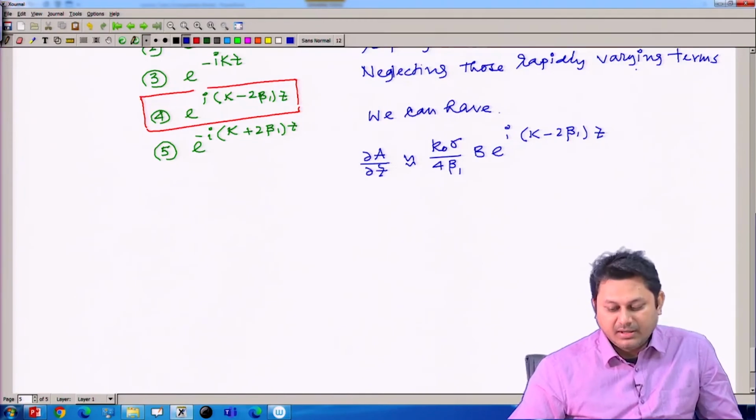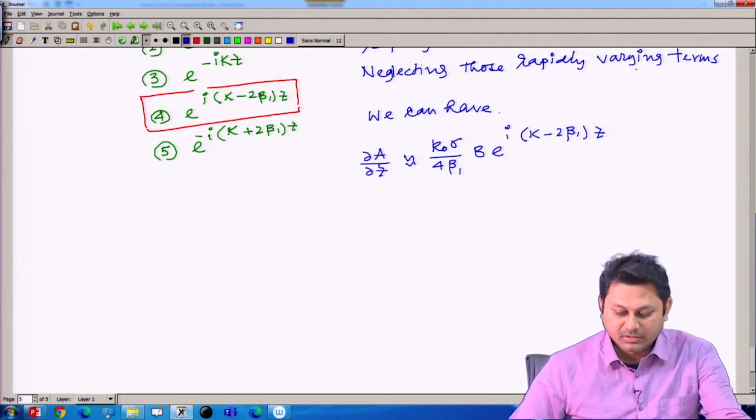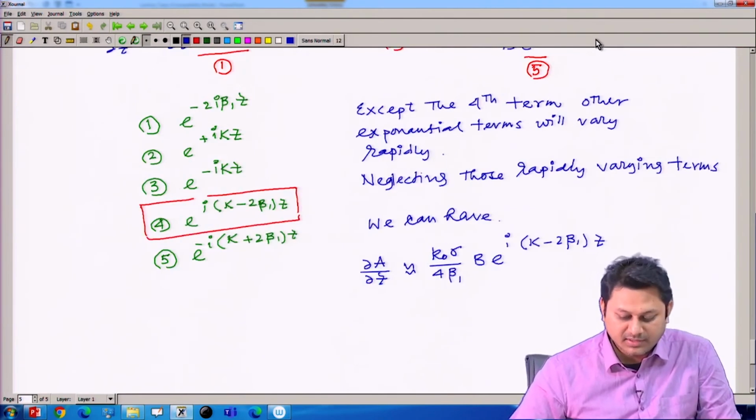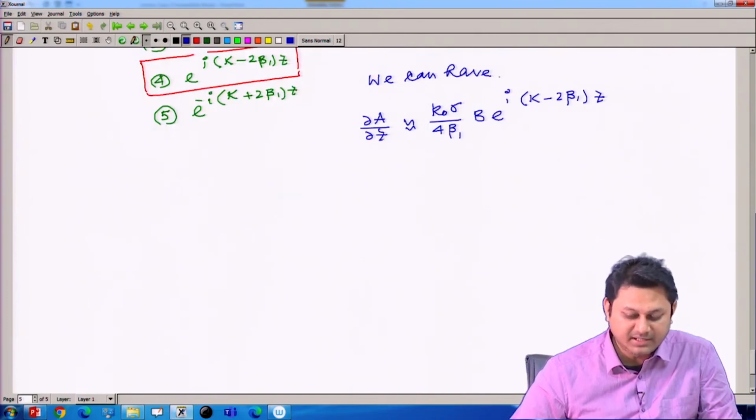So, I am having a simple expression which, after doing all these things, tells me how dA/dz is varying. That is the aim from the very beginning.